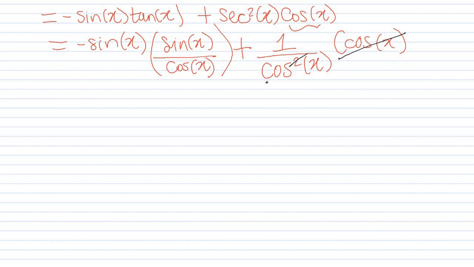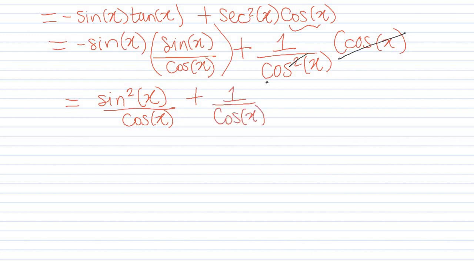So at the end of the day, let me rewrite what our answer would be. We end up with negative sine square x over cosine of x, plus 1 over cosine of x.